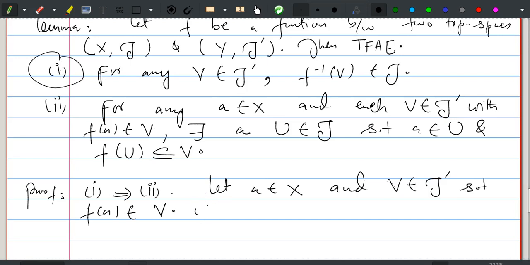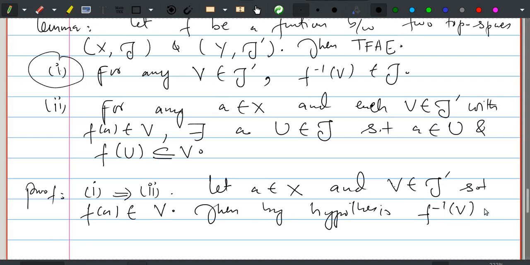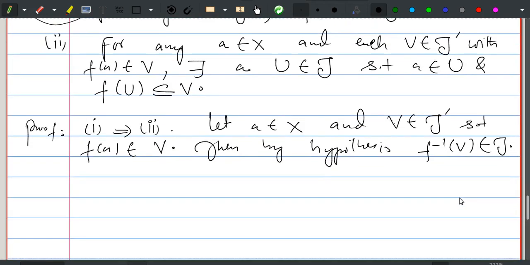So by hypothesis, the inverse image of V is open in X, i.e. it is in T. Now this inverse image being an open set, we put it to be equal to U. So put U to be the inverse image of V.